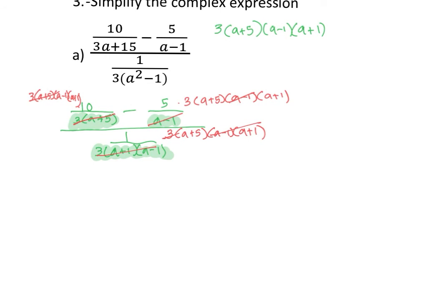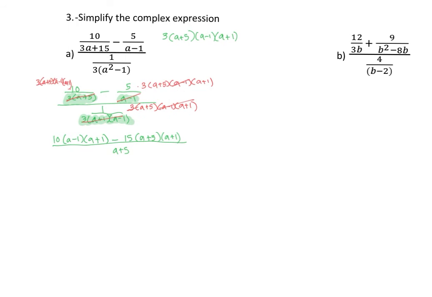Okay, so what we are left with here, we have a 10 times a minus 1, a plus 1, minus 5 times a 3, that's 15, times a plus 5 times a minus or plus 1, all over a plus 5. At least that denominator canceled out cleanly.